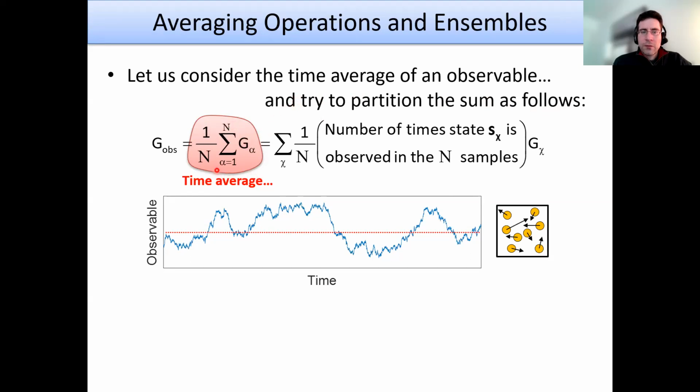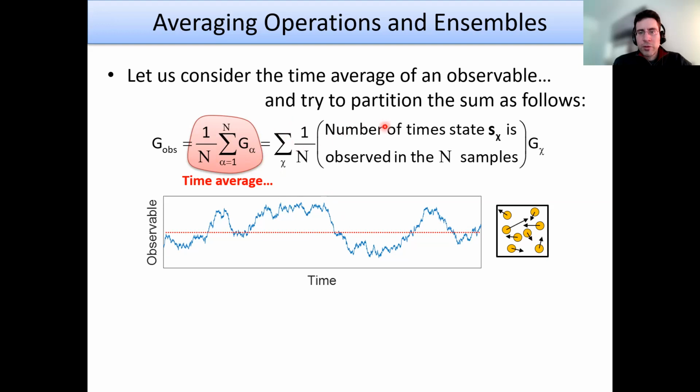So this is a sum over samples, but then we can partition it with respect to the states. Now I'm taking this averaging operation and recasting the sum as a sum over states. So chi now is an index for the states that this system goes through.